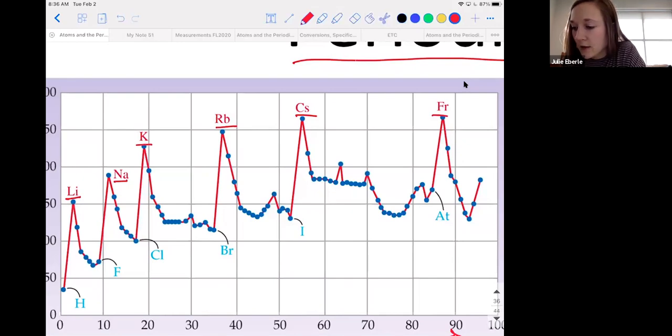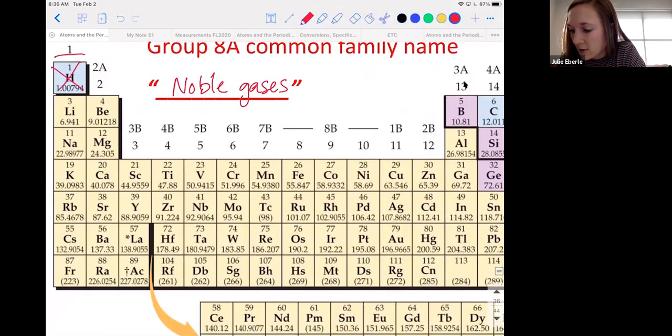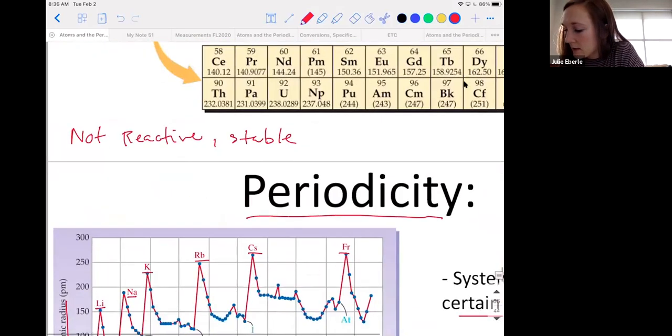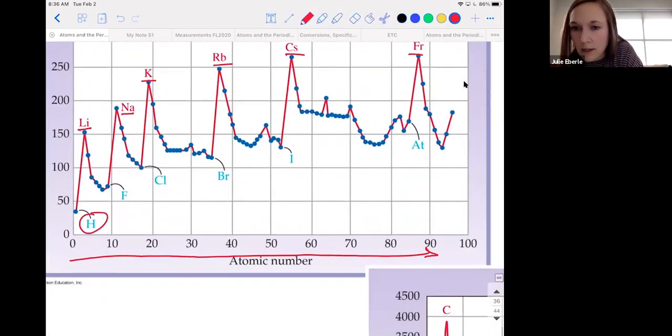Okay, so if we go back to a periodic table, guess what? These guys right here, not hydrogen, but these guys right here, main group 1, they have the largest atomic radius. Okay, now if you look at the bottom of the dips, what elements have the smallest atomic radius? What elements have atoms that are the smallest? I know hydrogen is kind of an anomaly because it's main group 1 too, but it's very, very small.